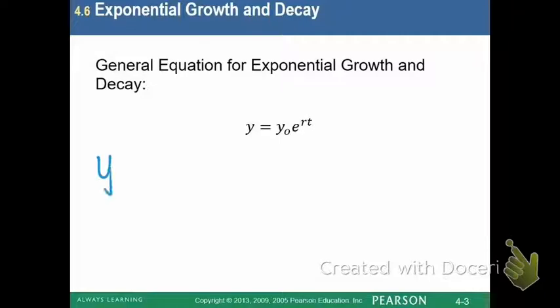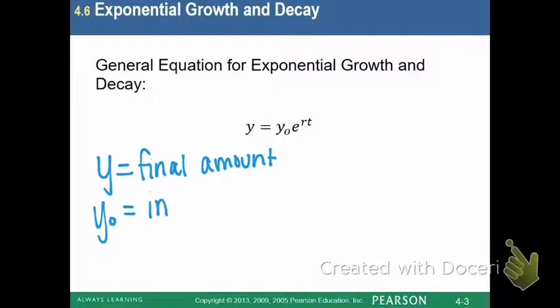Okay, so y is going to be equal to the final amount. Y sub 0, or y naught, is the initial amount, or your starting amount. E is just the number e, right? And then we have r and t.